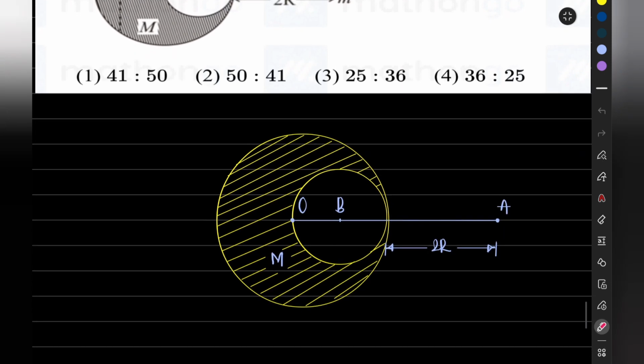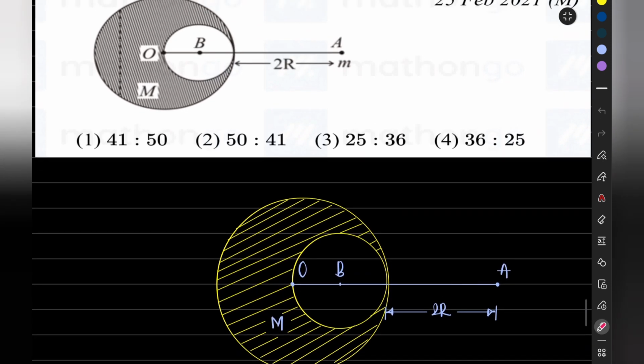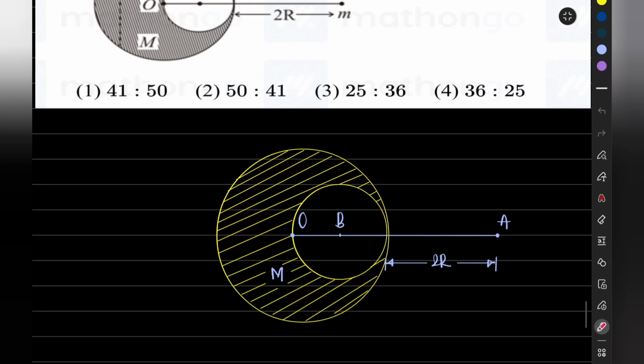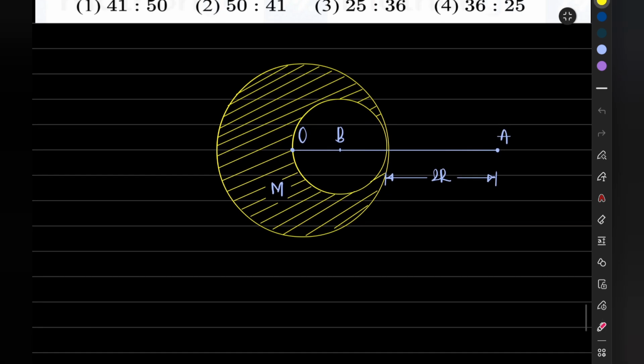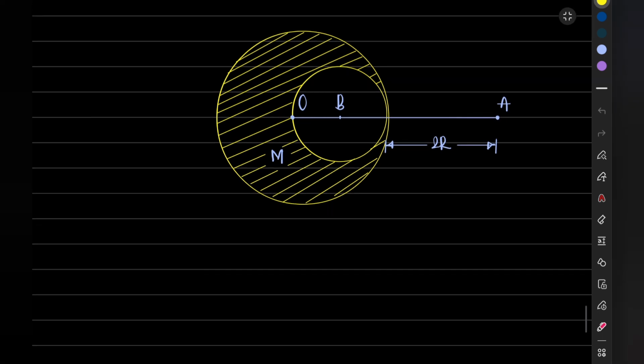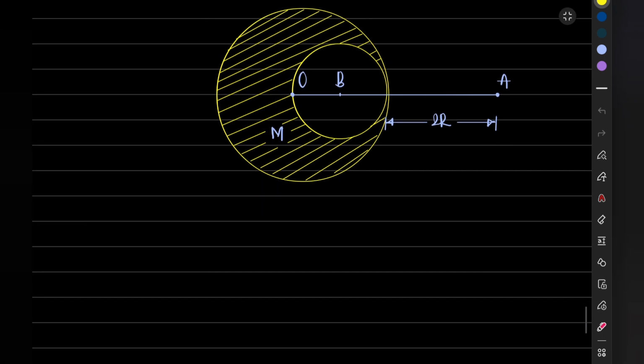So I have already redrawn the diagram which was given in the question. Let's see which key concept we can use here. First, I will find the force of attraction between the complete sphere and the mass, which is small m.